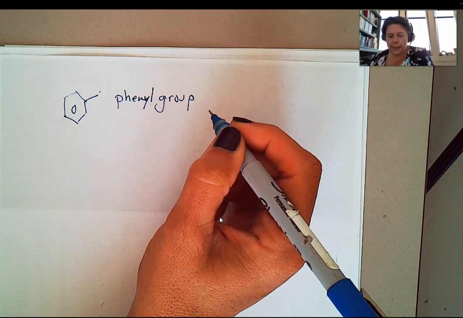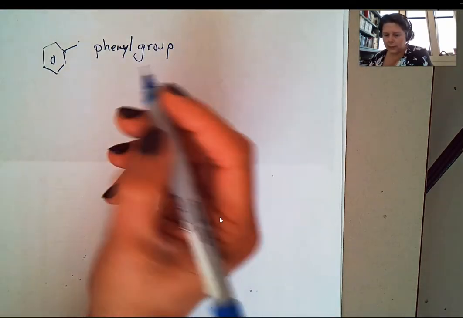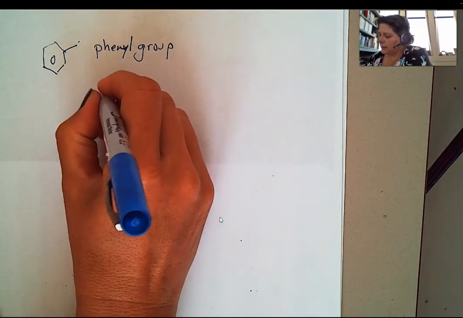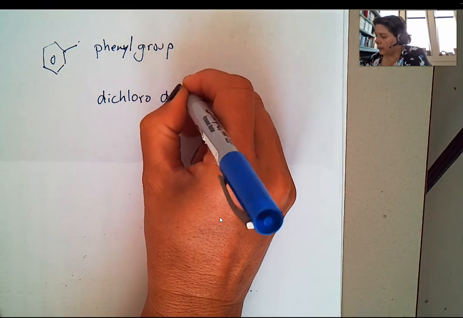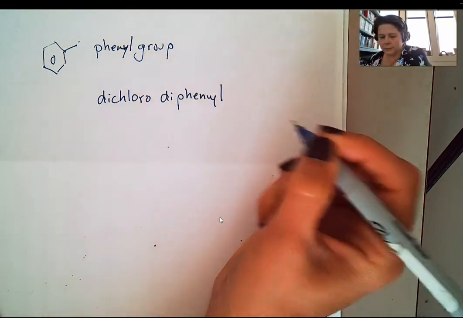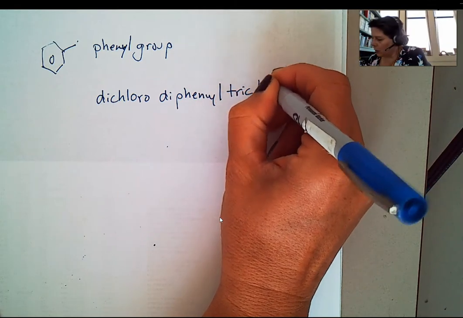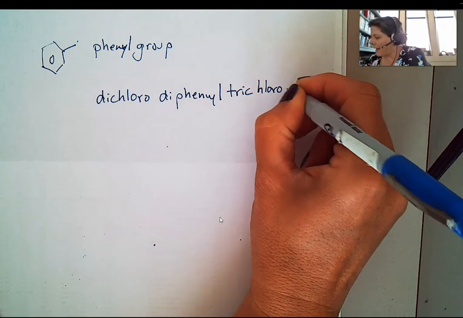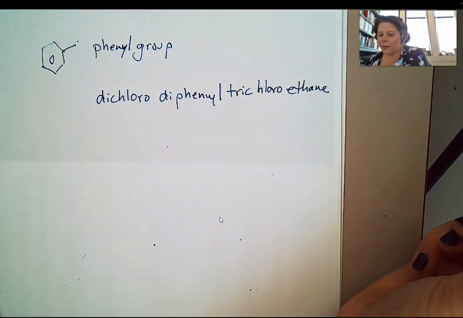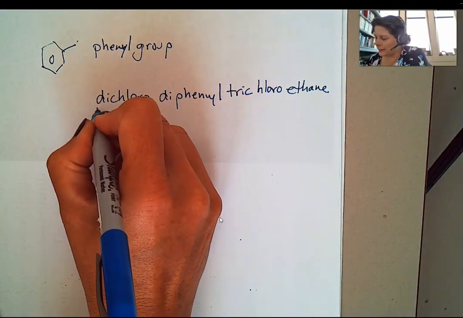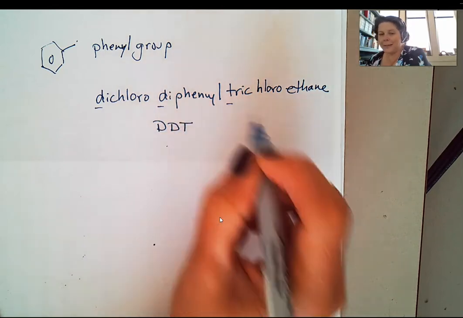So an example of this would be, and we're going to be talking about this again later on, diphenyl trichloroethane. Whoa, I know, that looks really long. It is abbreviated DDT. So this is DDT.